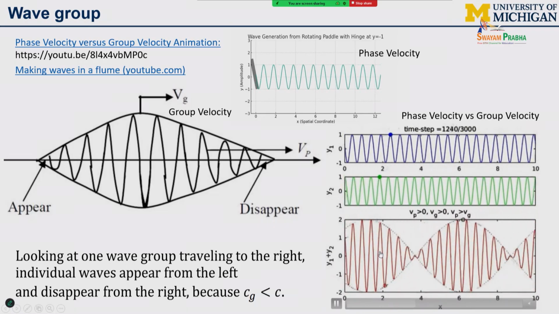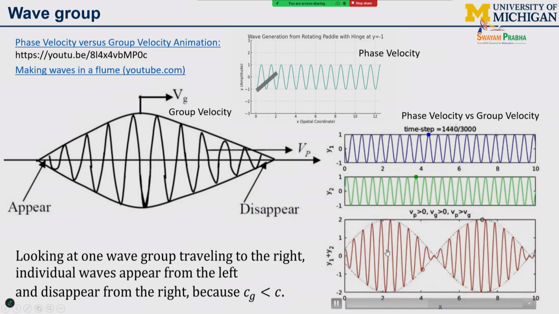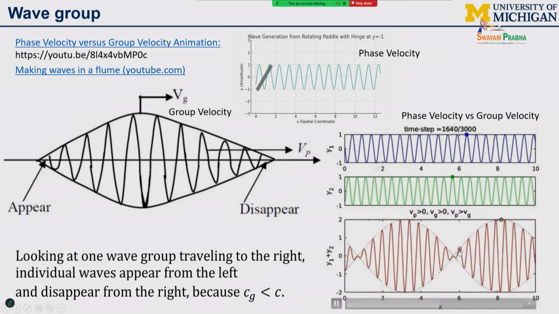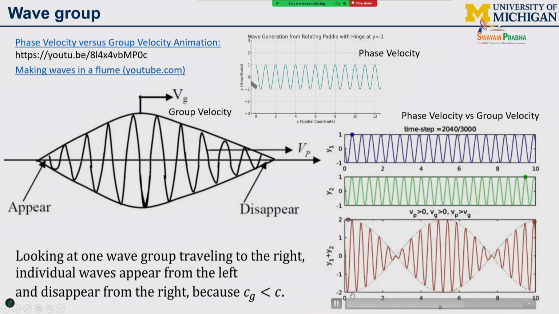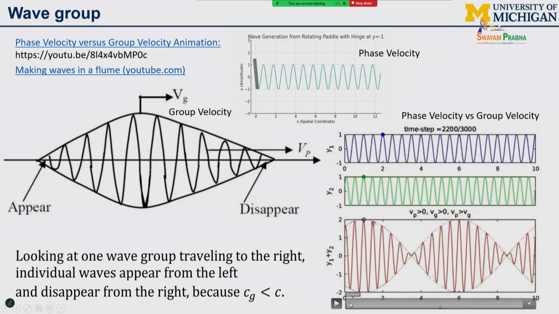Let us show this again at the beginning. Pay attention to two points: one is the black dot and the other is the red dot. The black dot shows the envelope's motion, and the red dot shows one particle moving up and down.